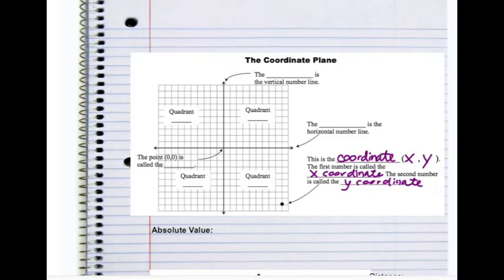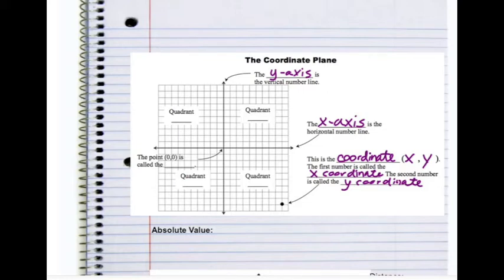So, of course, the x-coordinate is going to have to go with the x-axis, or the horizontal number line in our graph, while the y-coordinate follows the y-axis, or the vertical number line in our graph.